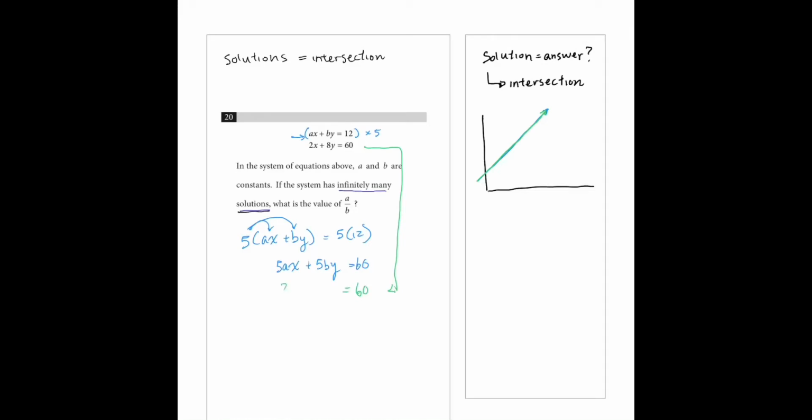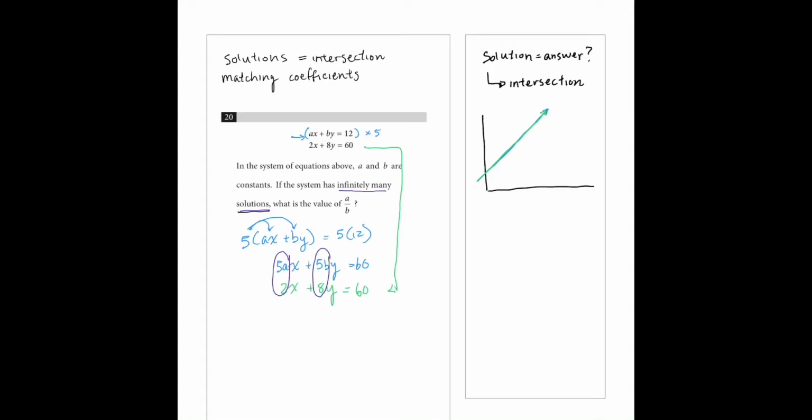So now we have 2x plus 8y equals 60. This leads us to the second part of today's math stack, which is what I call matching coefficients. The idea with matching coefficients is that if two formulas or two functions have identical constants and identical variables, then we can conclude that the coefficients must also equal one another.